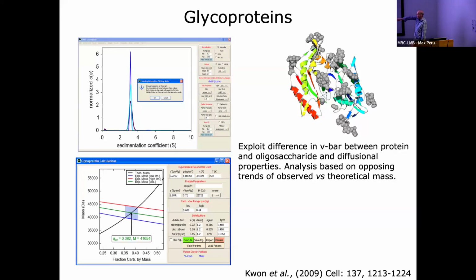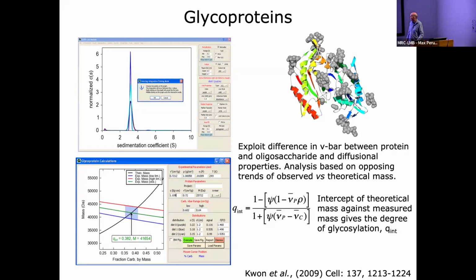What this paper from Cornwall found was an opposing trend between your theoretical mass, in black, as you increase the amount of carbohydrate on your sample, against what the measured mass was. Then you can see where the interaction is between the two, and get an idea of the range of percentage of glycosylation. I won't go into too much of the detail about that.